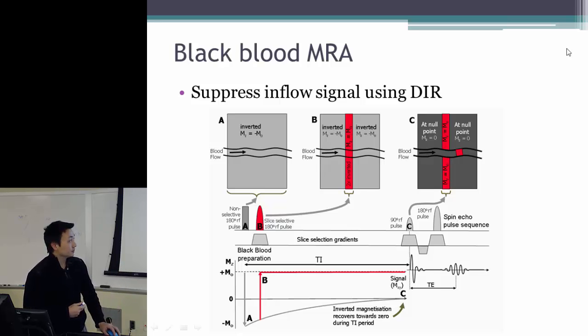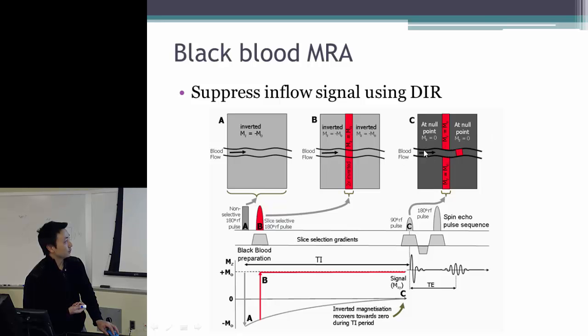So that's how we do signal nulling using the inversion recovery. After this double inversion recovery, we then wait a certain time, a certain TI, so that this TI is set to null the blood signal.